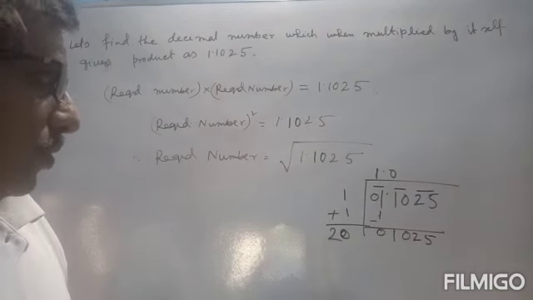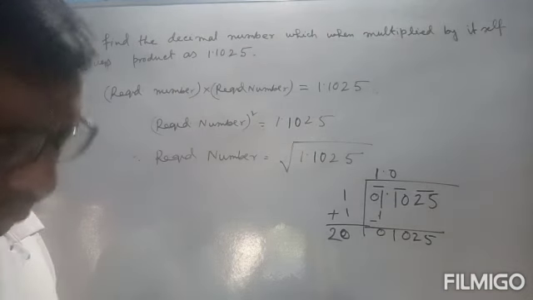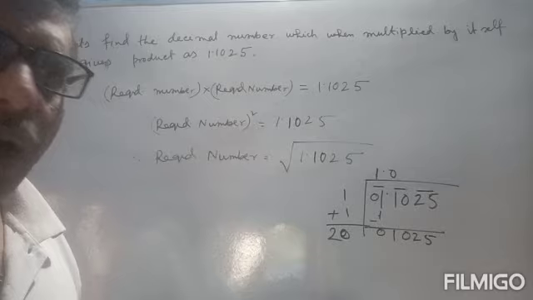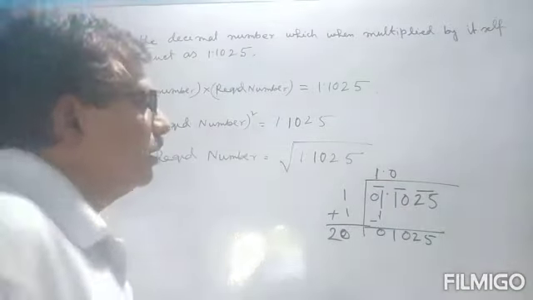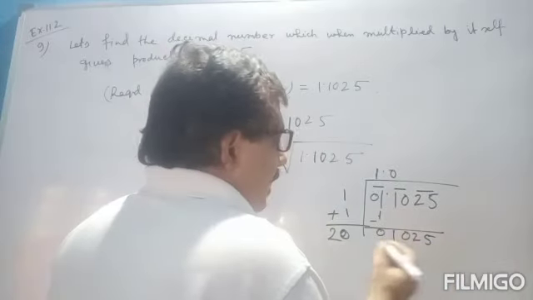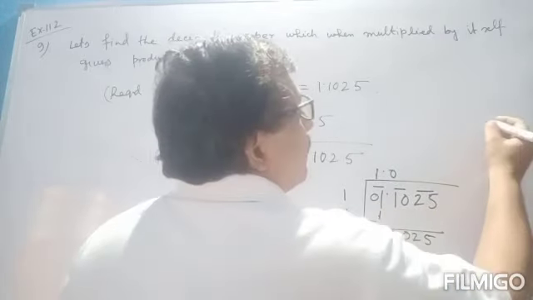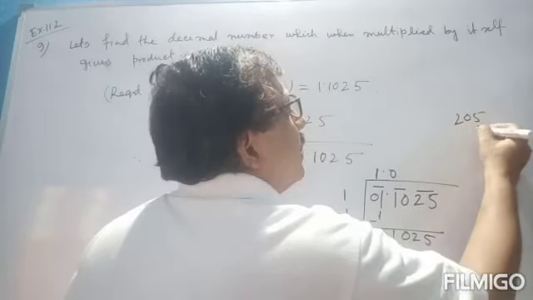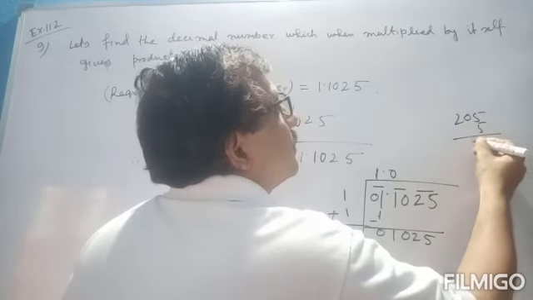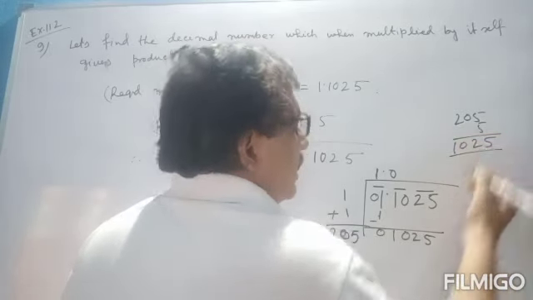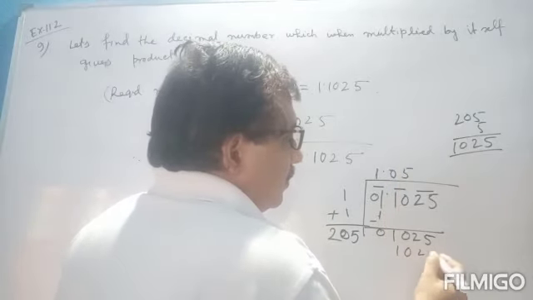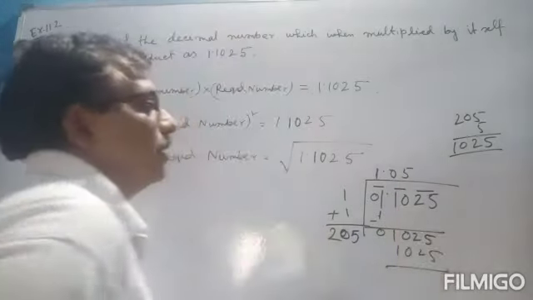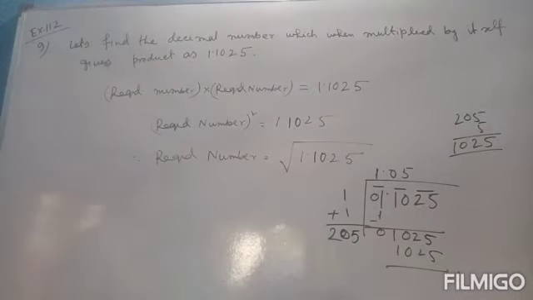So if we put 2, say 202 into 2, 404, very smaller than 1025. So 5 at the end, if we put 5, then what happens? 205 multiplied by 5, 5 5s, 2, 2 5s are 10. Same thing. So you put 5 here, 1025. Therefore required square root is 1.05.